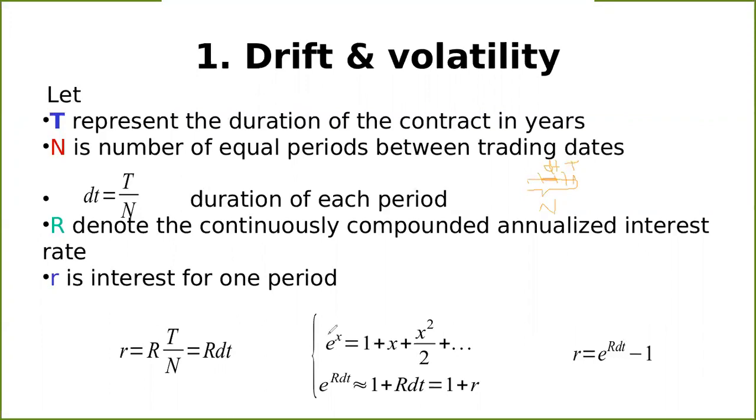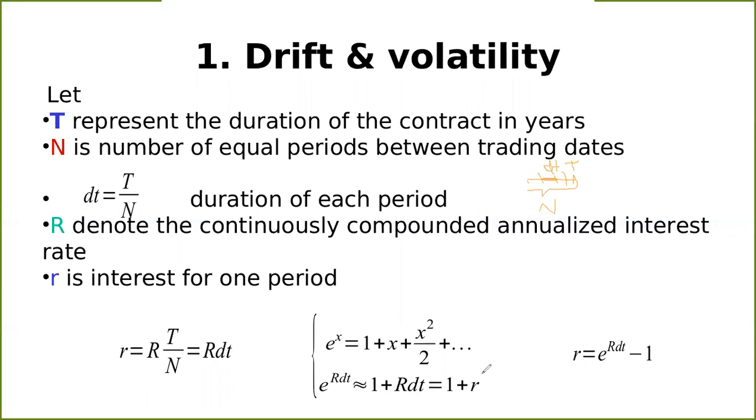If we replace x with capital R dt, and leave only the linear part, it will be 1 plus capital R dt, but capital R dt is little r, so it will be 1 plus r.